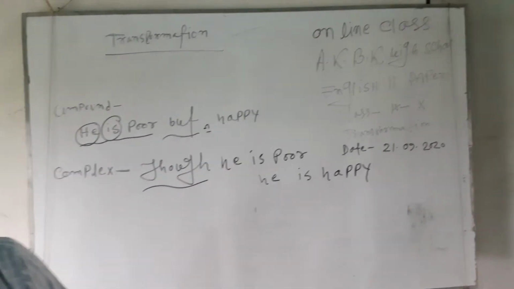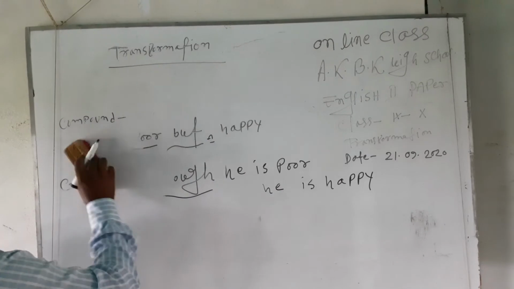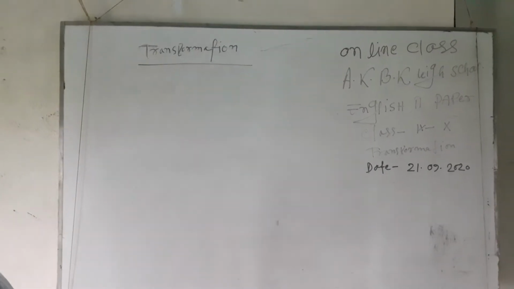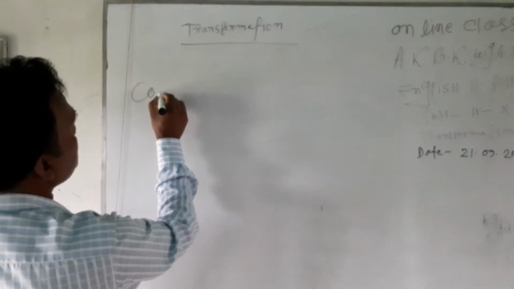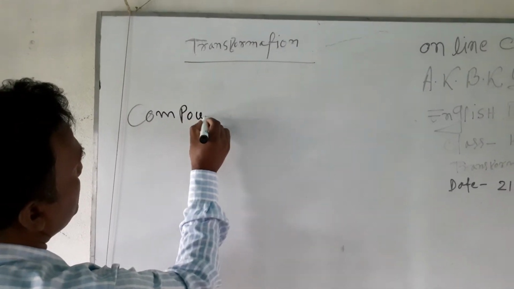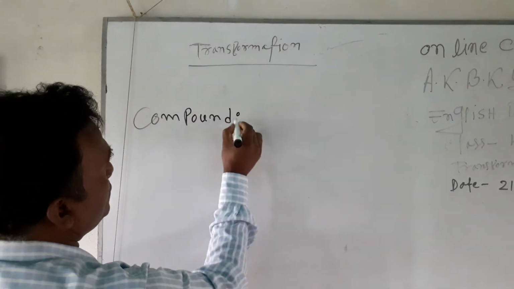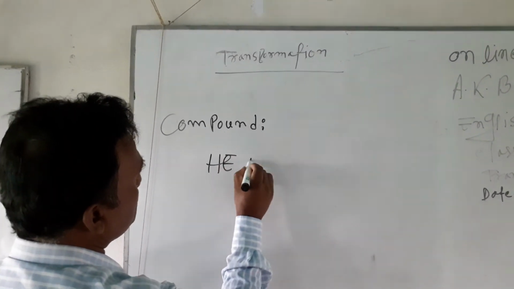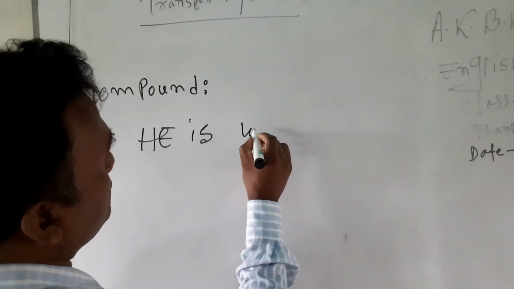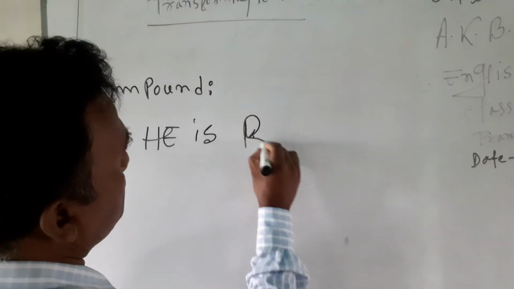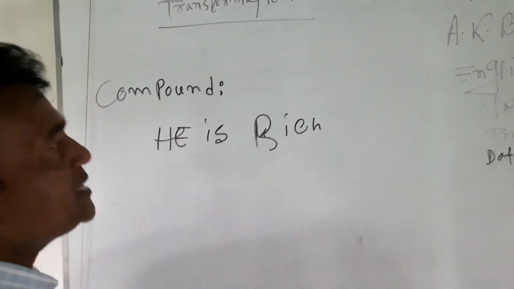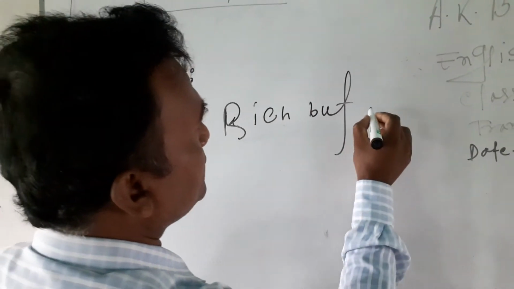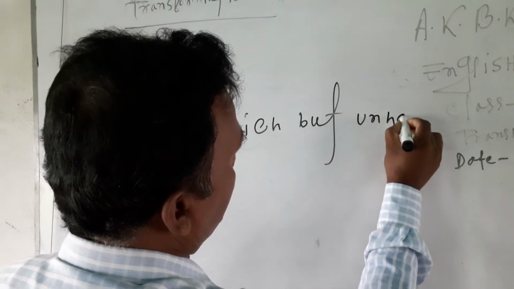So we can try another sentence. At first, we have to write a compound sentence. He is rich, but unhappy.